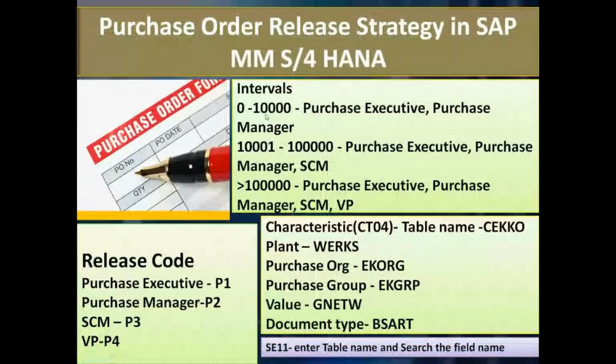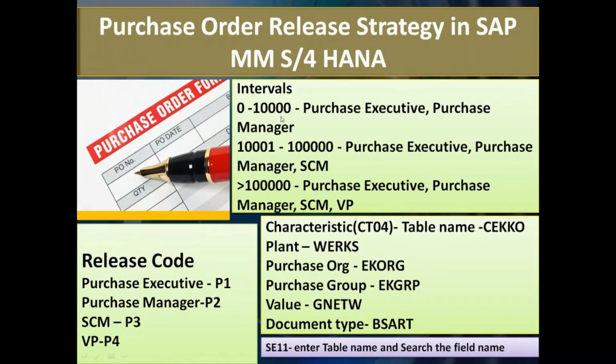You have defined your intervals, you have defined your release codes, you have defined your employee names with the release code, and you have defined your characteristics. Now when you are defining your release strategy, you need to finalize who will be the employees, who will approve.